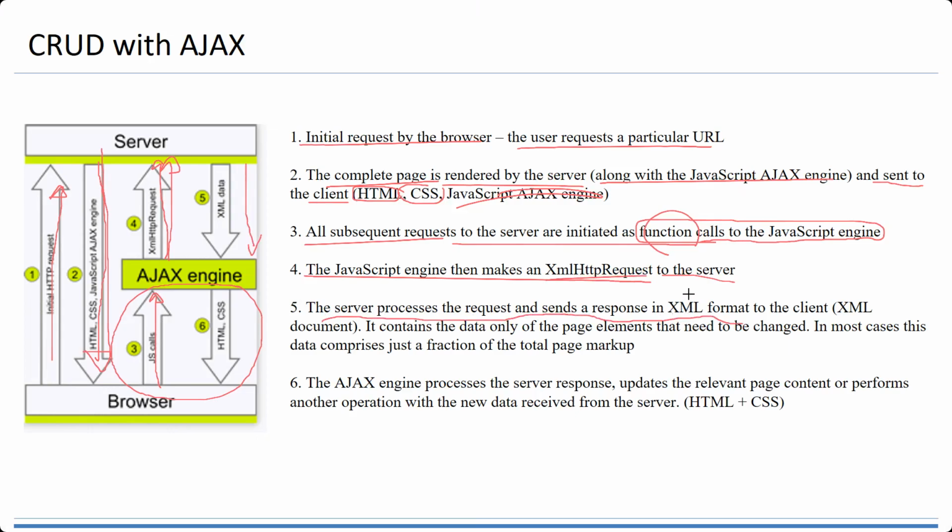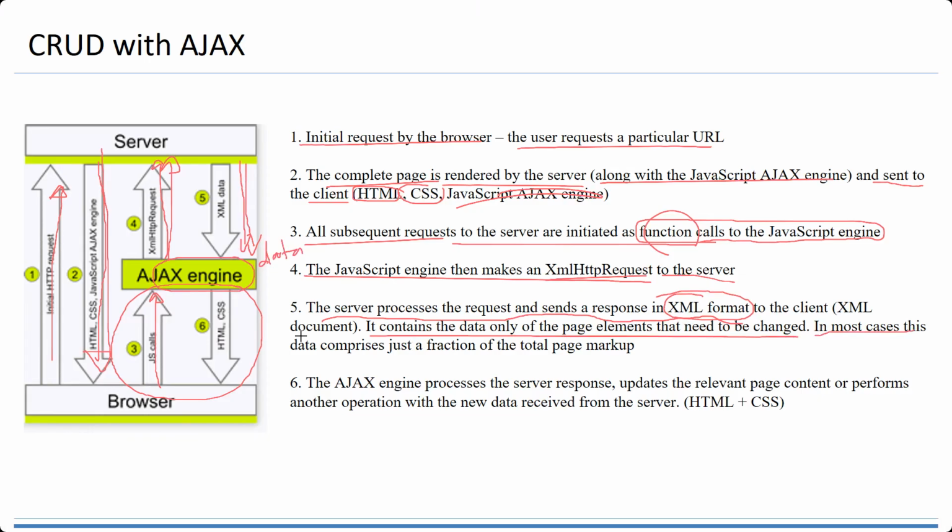Last week, we learned about XML. So there will be XML data sent to the AJAX engine, and it contains the data only of the page element that needs to be changed. This is only the data, and the data is in XML format.